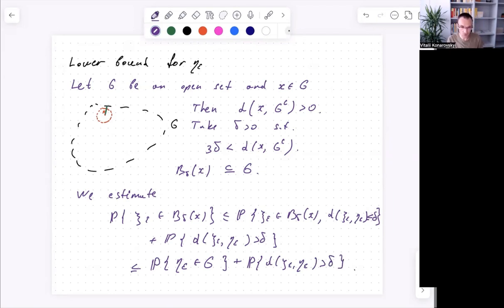And now we want to get the estimate in the lower bound.